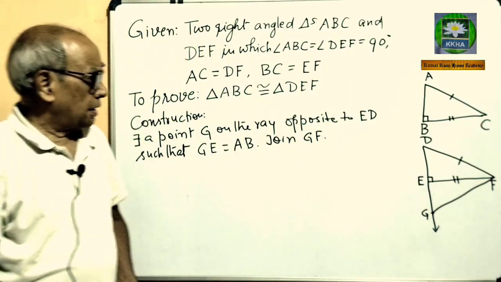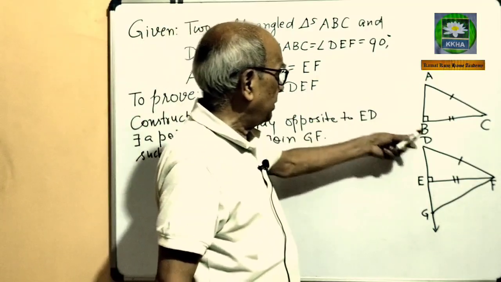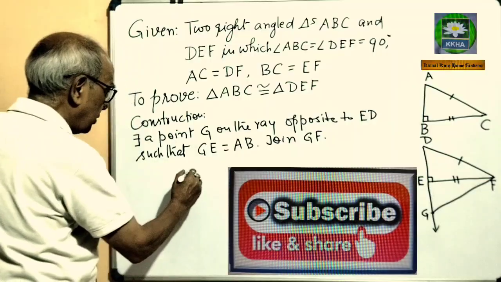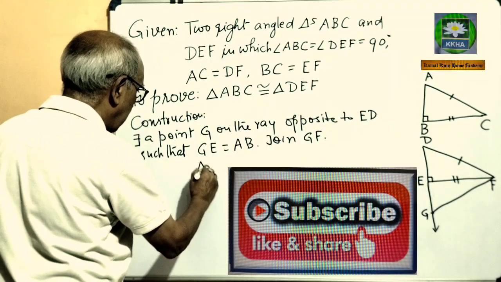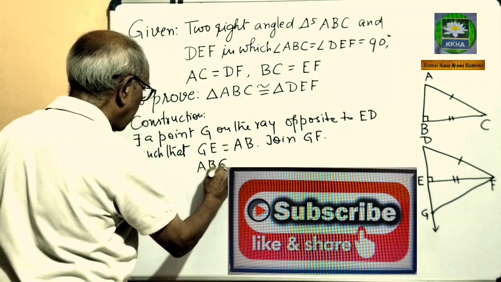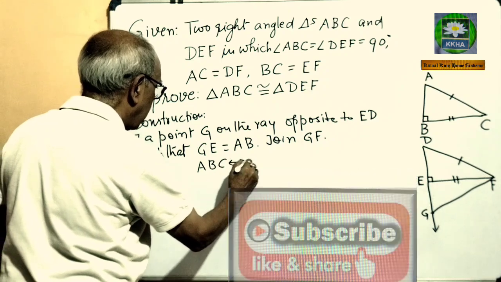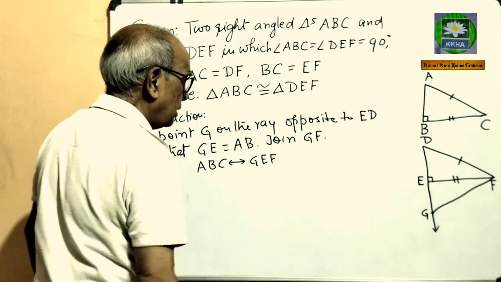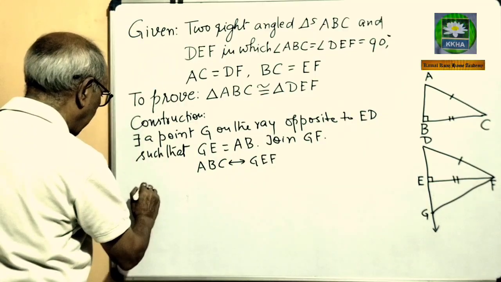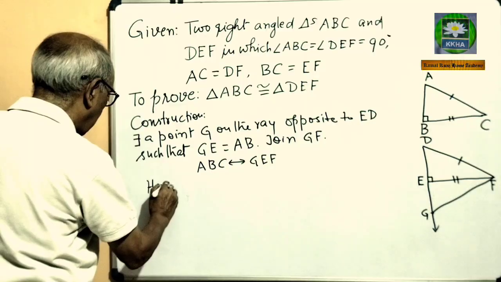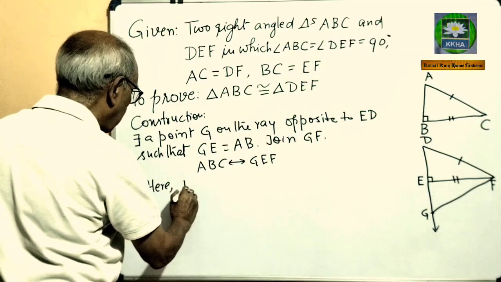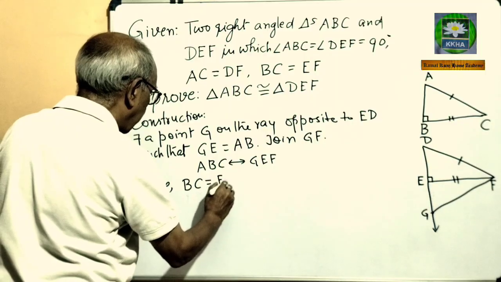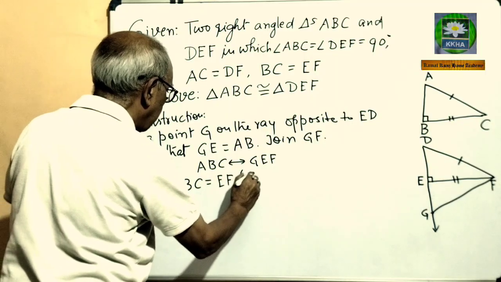Now let us consider one-to-one correspondence between A, B, C and G, E, F. Here we have BC equal to EF, it is given.